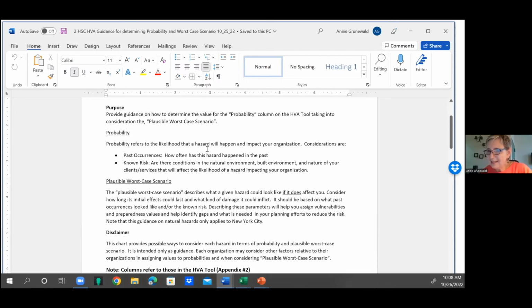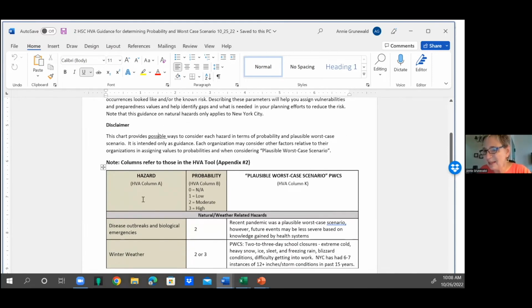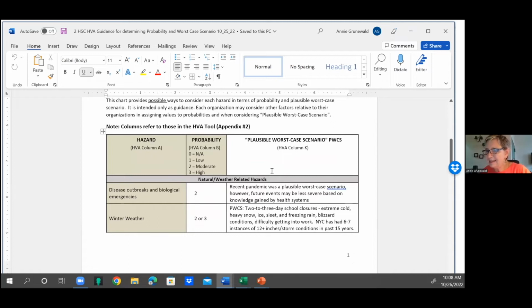So now let's look at it. We have a disclaimer here that these are just possible ways, and you really have to look at your organization to determine what you think your probability is. I'll also say that this is not an exact science. So we say 2 or 3. If you say 2 and somebody else has a 3, it's basically, is it higher on the 3 side, or is it 1 on the lower side, or maybe somewhere in between.